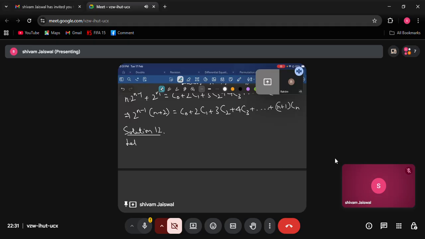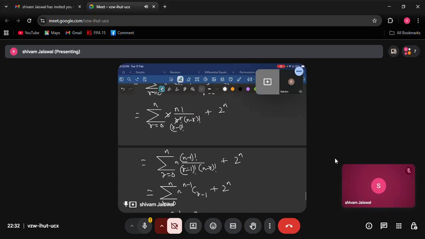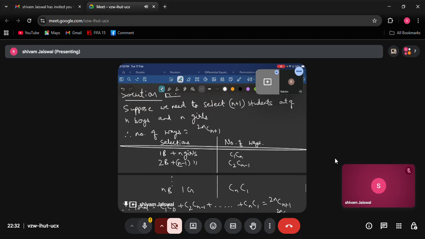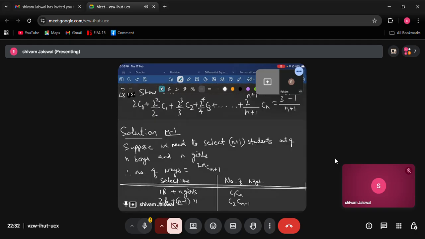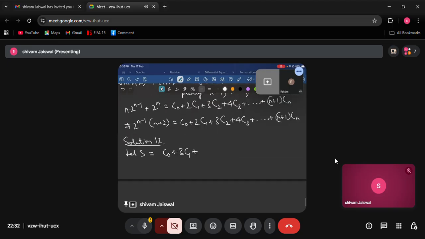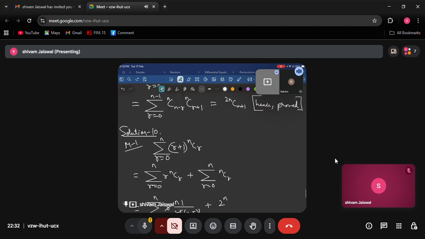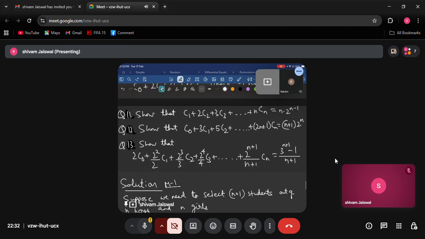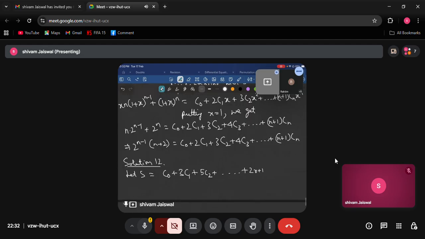Let S be equal to 0 C0 plus 3 C1 plus 5 C2 plus dot plus 2r plus 1, 2n plus 1, right? How much? 2n plus 1 Cn.